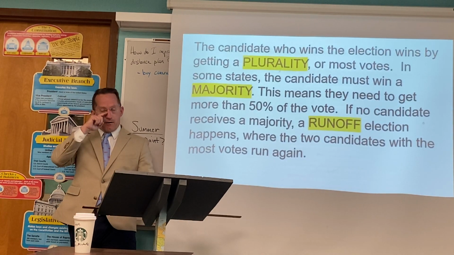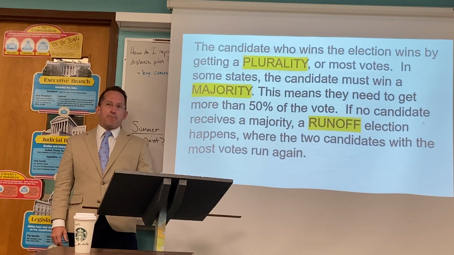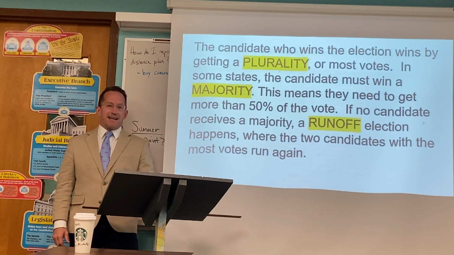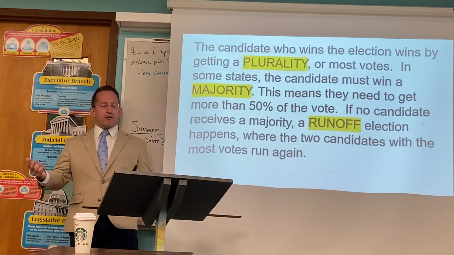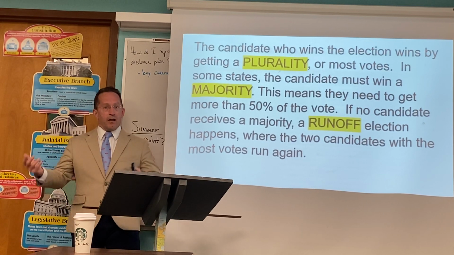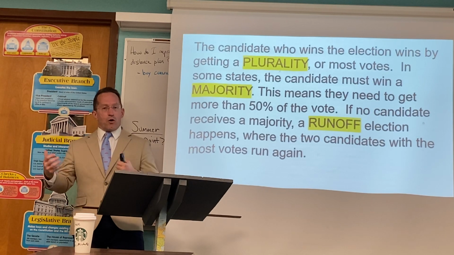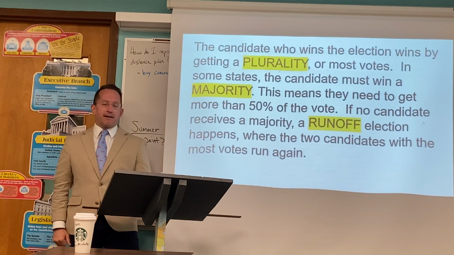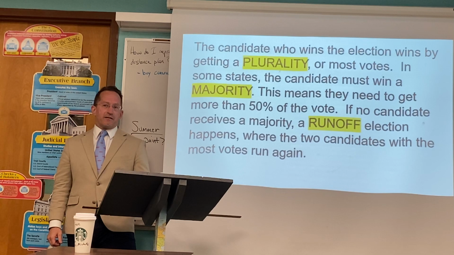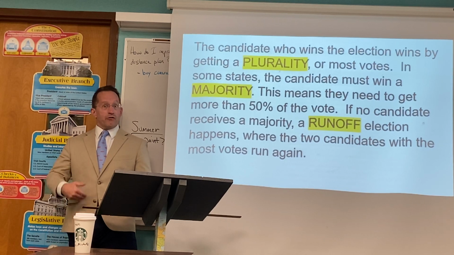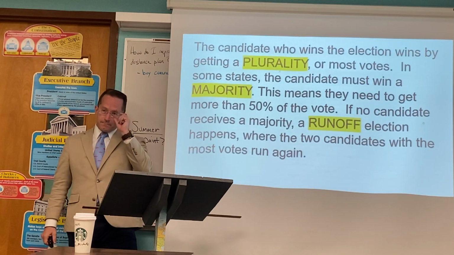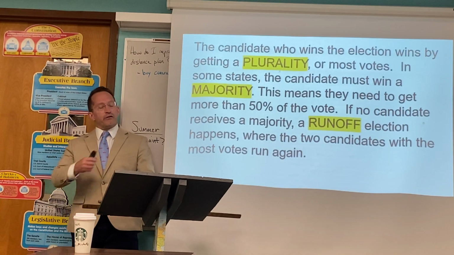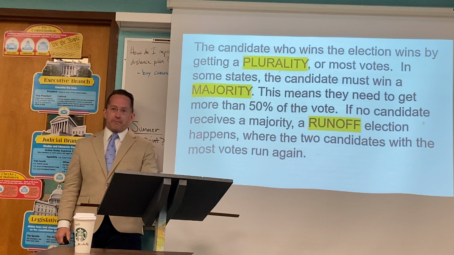So Abby and I are running in a primary, and we have 4 other contenders. Abby and I are the 2 top candidates, but neither of us gets over 50% of the vote. So that state will hold another vote called a runoff election, where it's only the 2 of us against each other. Does that make sense? Yeah. So now you will actually have a winner in that case, right? So this is just for primary? This is all still just talking about primaries. Okay. Yes.